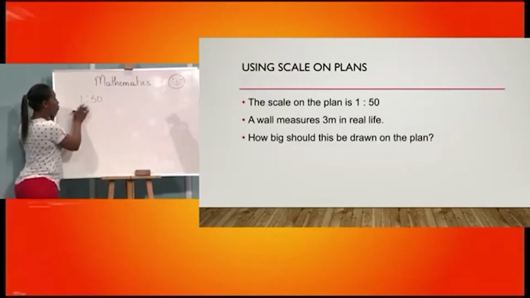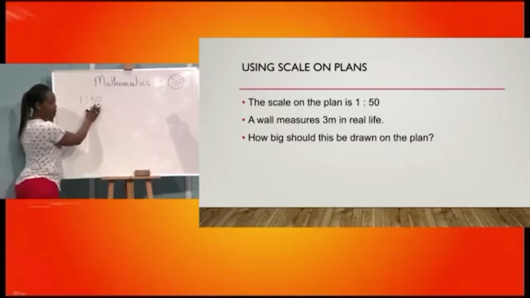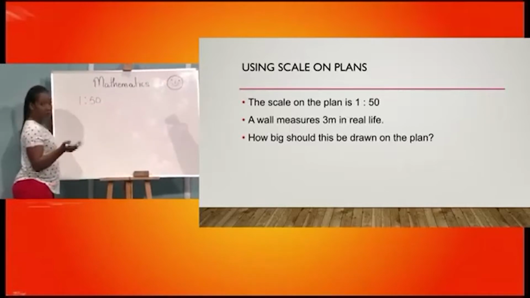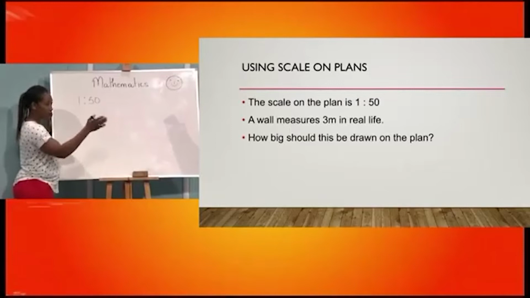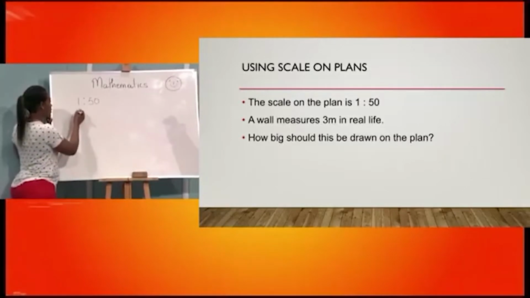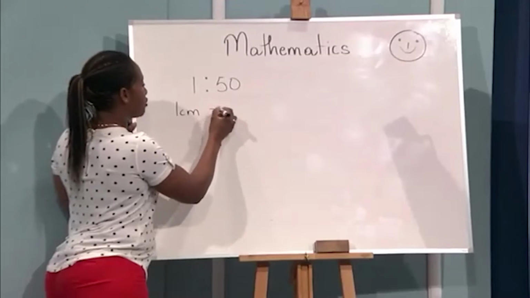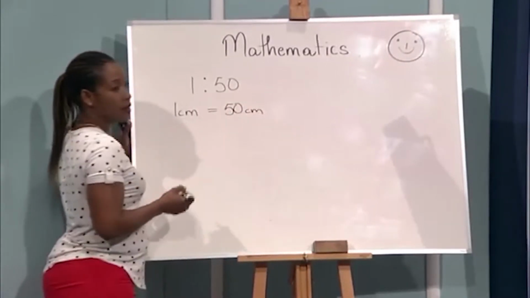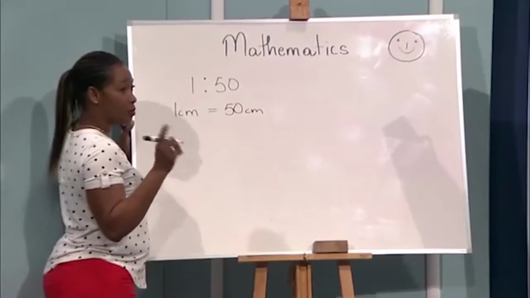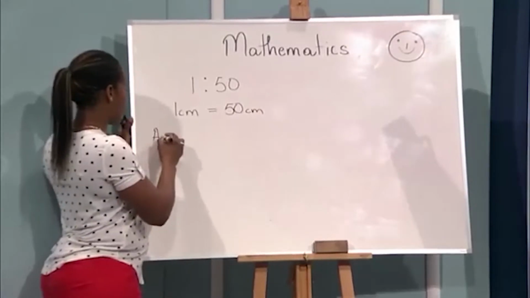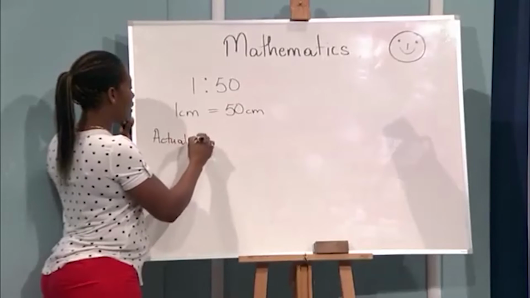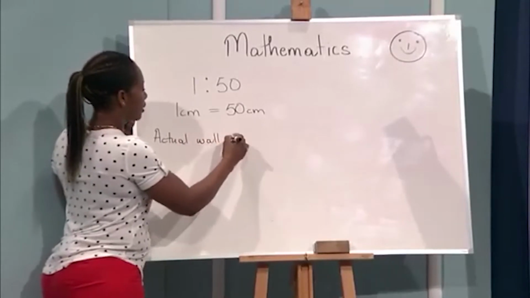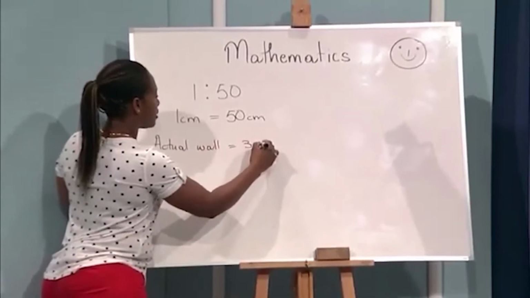So for every 1 unit, it represents 50. It could be millimeters, it could be centimeters. For this instance, we're going to be using centimeters. So that means for every 1 centimeter, it represents 50 centimeters. Now it says the actual size of the wall is 3 meters.